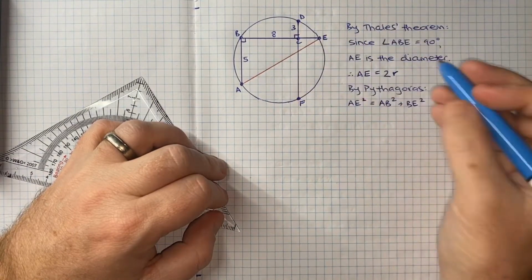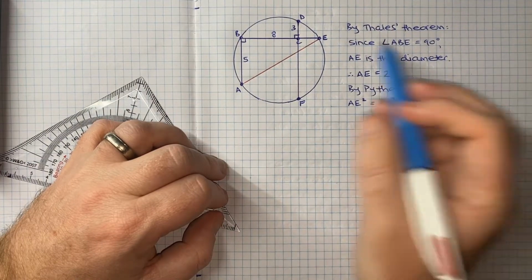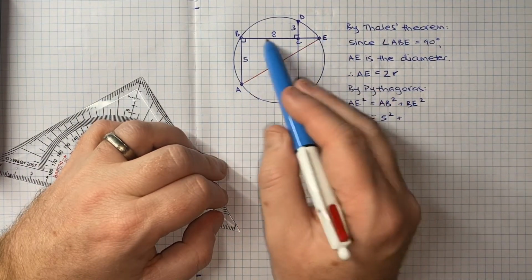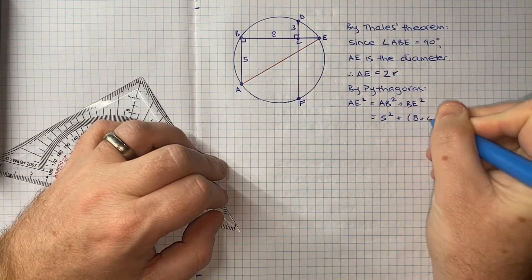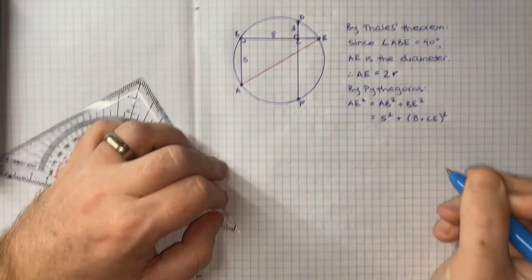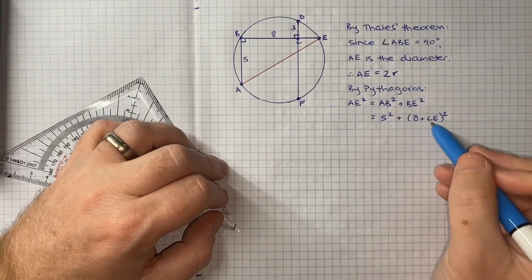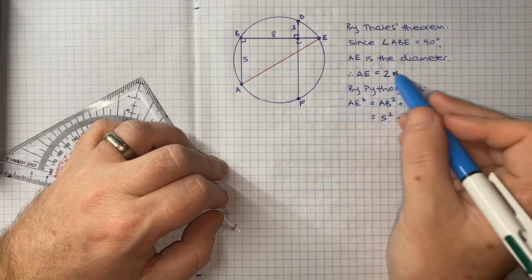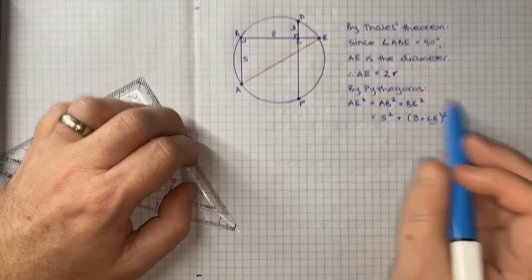We know AB is 5, we're told that, so that will be 5 squared plus BE, which is actually BC plus CE, and BC we know is 8. So this will be 8 plus CE all squared. So now the question basically becomes: if we can find the length of CE, then we'll have AE, and if we can find AE, we've got our radius. So that's step one to this question.